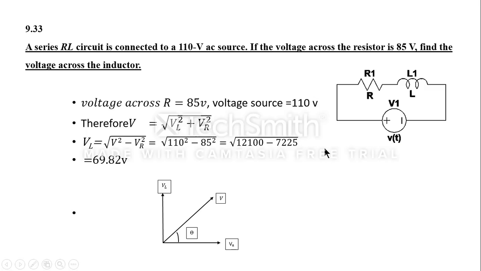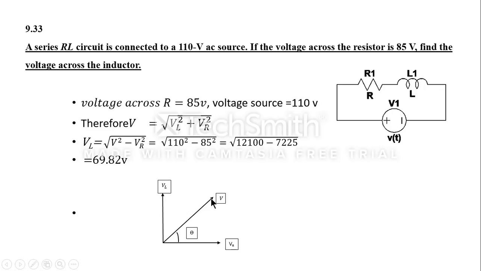In the next sum, we are given an RL circuit connected to a 110 volt AC source. Here, they have given the voltage across the resistor is 85 volts. Now we are supposed to find the voltage across the inductor. In the previous sum, we had learned that the voltage across the inductor leads the voltage across the resistor by 90 degrees.